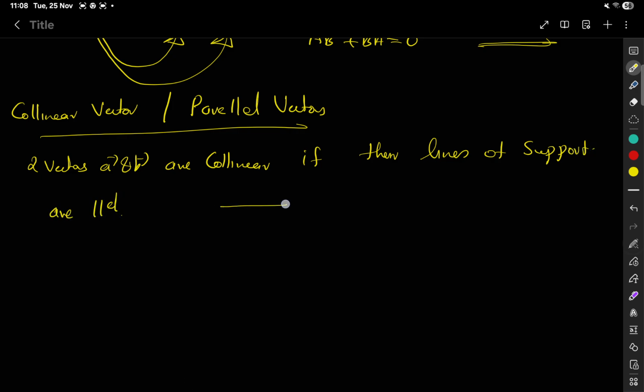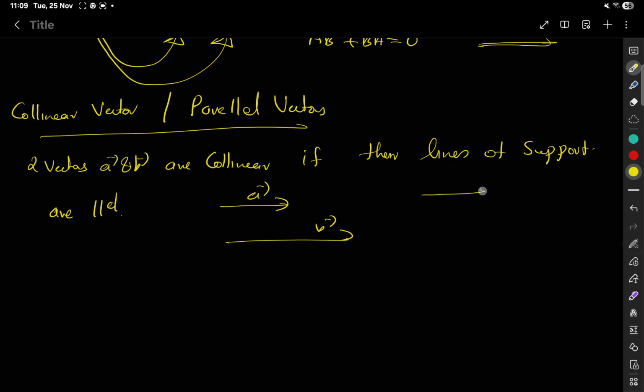That's the logic. Vector A, vector B. What is its line of support? Its line of support is like this one. Its line of support is this. Are they parallel? Yes. Okay, so they are parallel vectors.